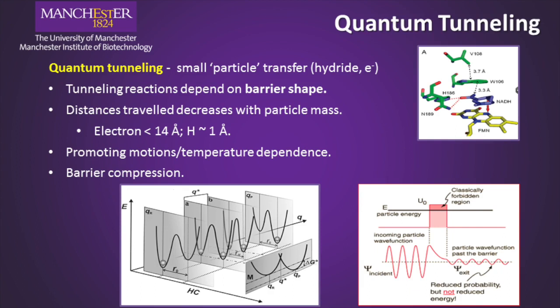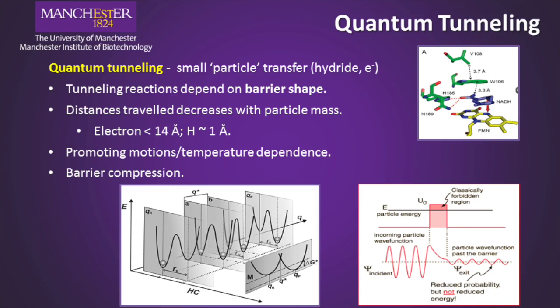Recall that for enzyme catalyzed reactions, we have to move from a reactant side of the barrier to a product side of the barrier through the top of that barrier known as a transition state. In quantum tunneling processes, we can pass through that barrier by exploiting wave-particle duality, not passing through the classical transition state, but transitioning through that barrier at a lower energetic point on that free energy surface.